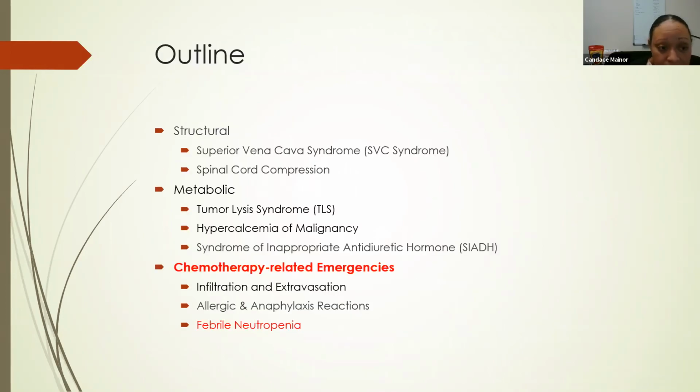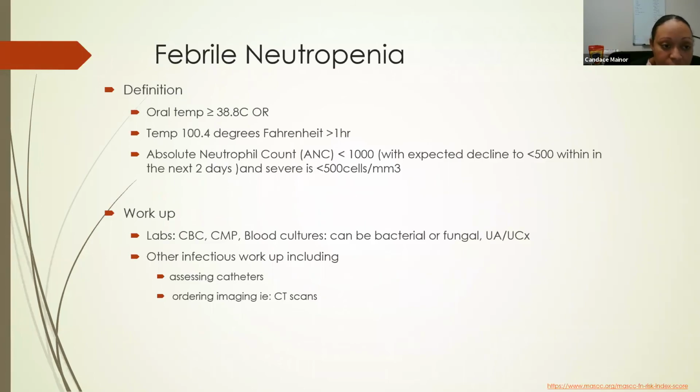So lastly, we'll just briefly touch on febrile neutropenia because as residents and fellows, you may see patients with malignancy who recently received chemotherapy and are coming in with this.